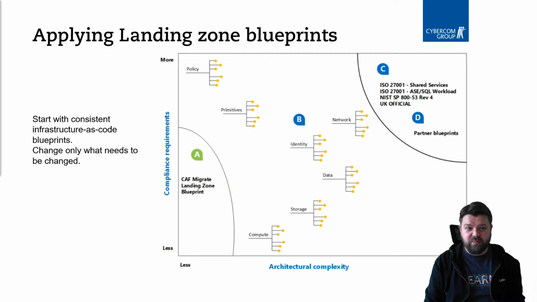So there are a lot of basic blueprints with, for example, policies set up in them, networking, identities, stuff to do with data storage, compute. So for example, a lot of examples on how to set up basic environments that already have everything you need set up. So what you do is you start with the consistent infrastructure blueprints. You get those, see what happens, and change only what needs to be changed.